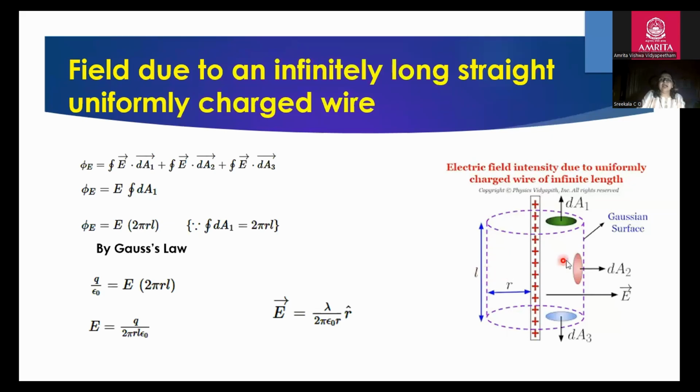The area of the curved surface of the cylinder is length into circumference; when it is opened out, it will be a rectangle.